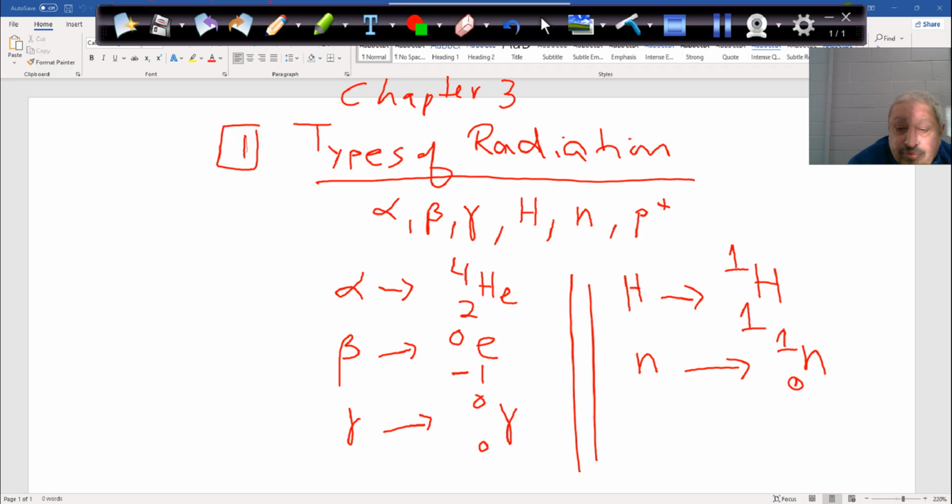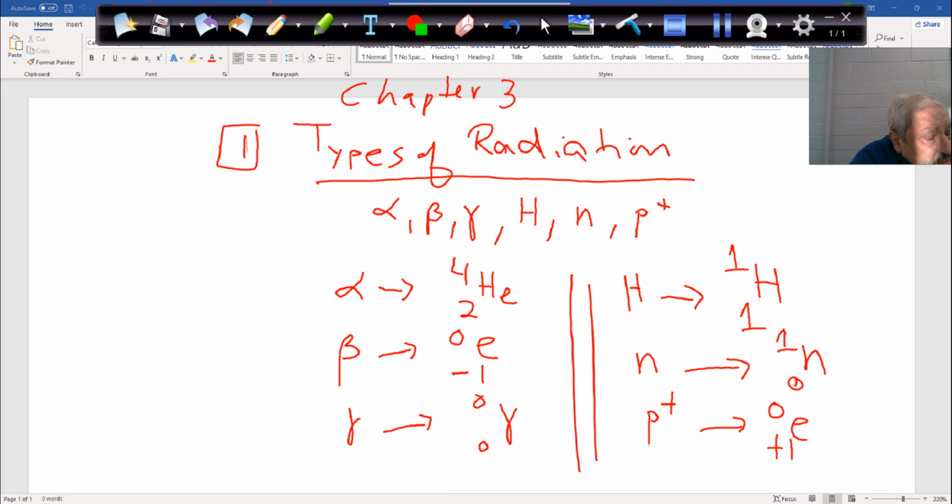And then the last one is the positron, which is the opposite of beta. It has a mass of 0, however the atomic number is +1. It does have a charge. Atomic number in nuclear chemistry we call charge. So those are the 6 types of radiation we really have to know.